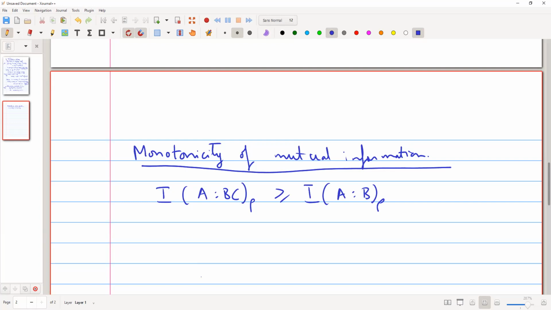So let us see what this is equivalent to. If I open out the mutual information in terms of all the Shannon entropies, this becomes equivalent to H of AB plus H of BC being greater than H of B plus H of ABC. Let's see, is this the correct form?